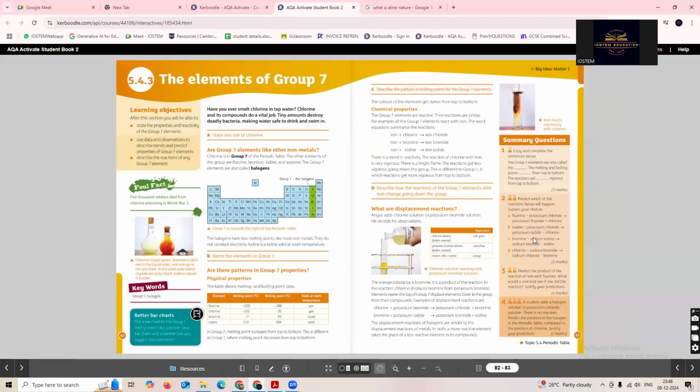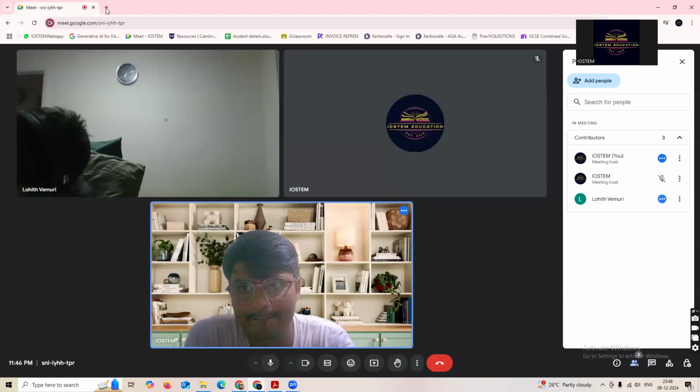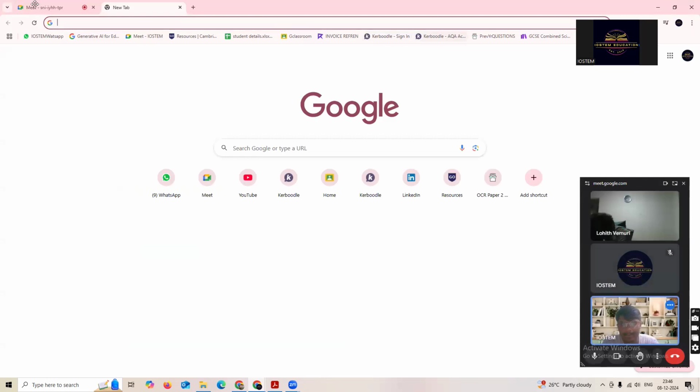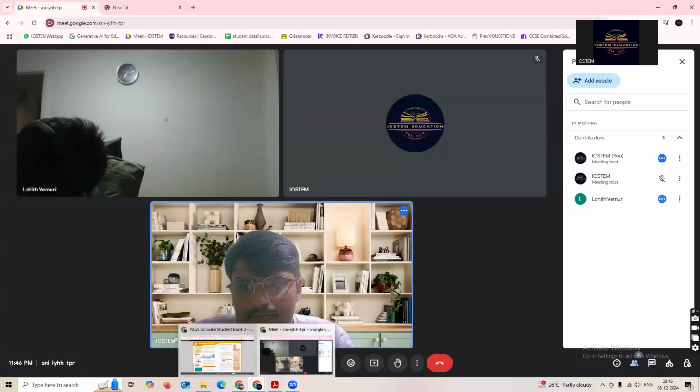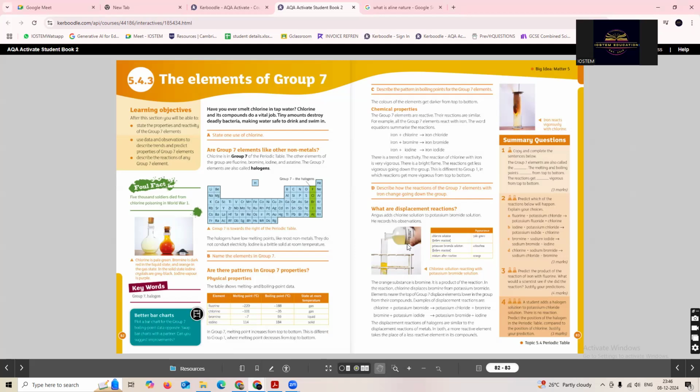The group 7 elements. What are the group 7 elements?